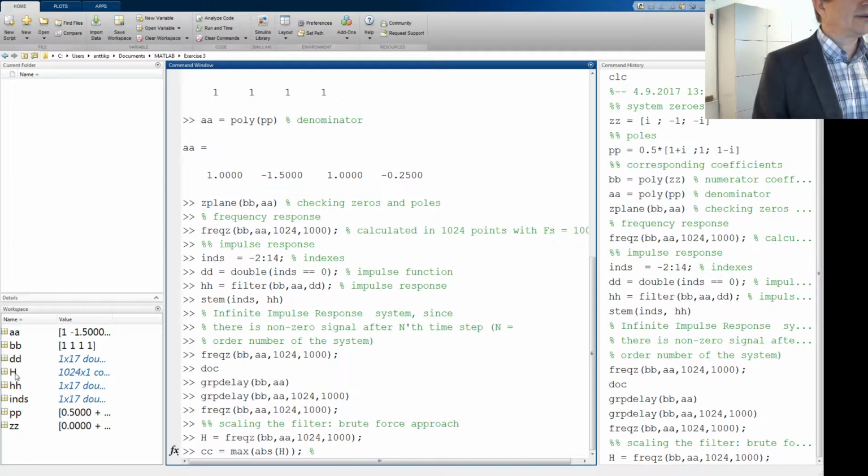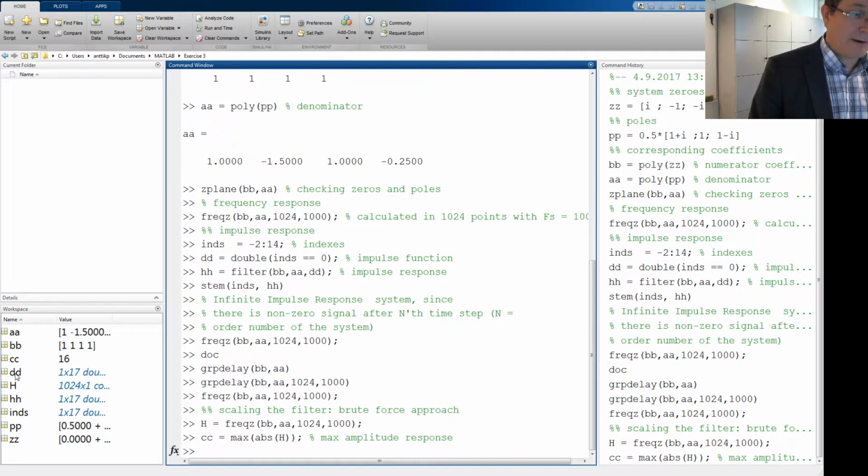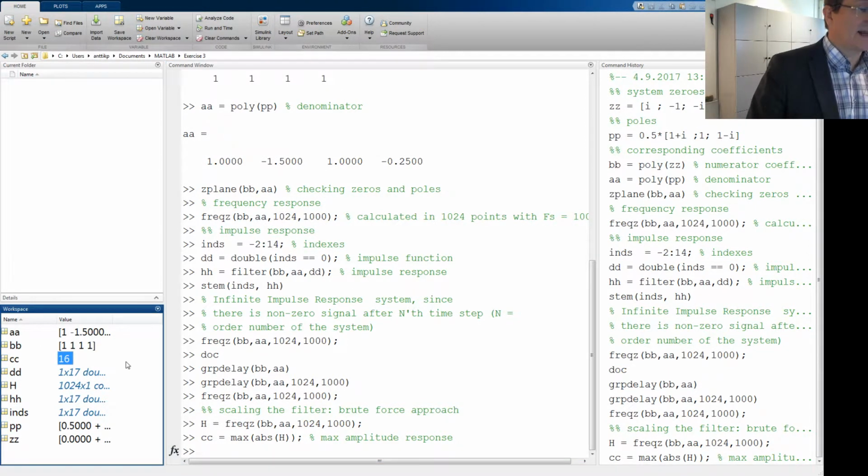This is engineering, this is not science. This will give me a good enough value to use in the calculations. So that's the max amplitude response there, which is, by the way, nice, it's 16.